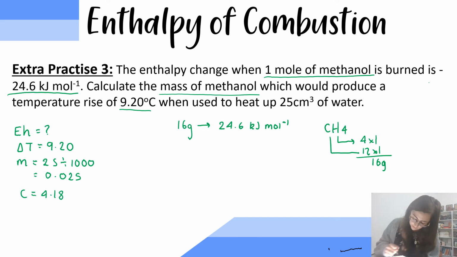So if I work that out, EH equals Cm delta T, 4.18 times 0.025 times 9.20.